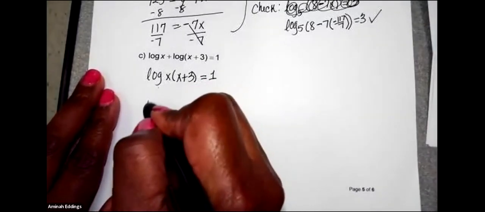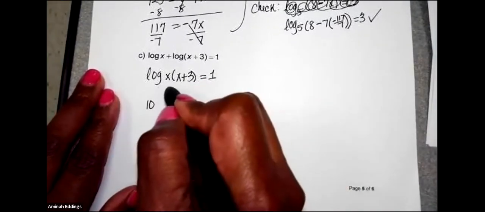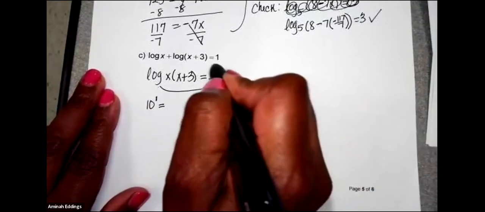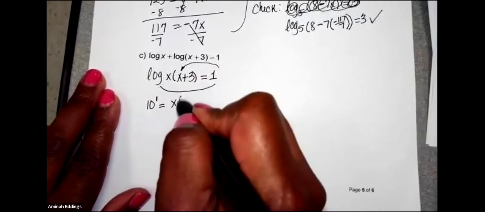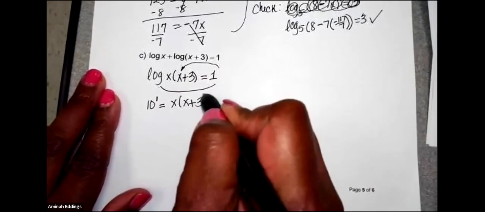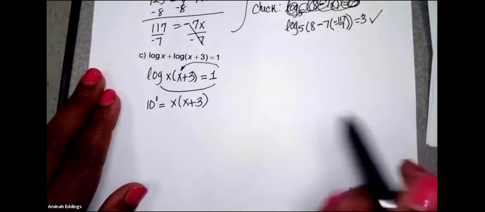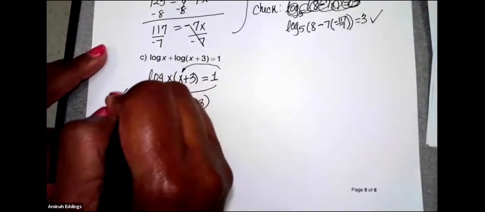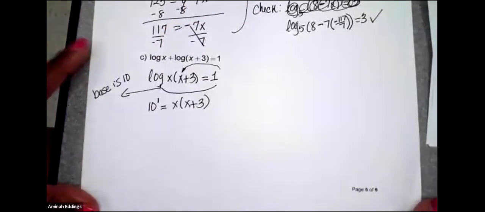So 10 to the first power is equal to x times x plus 3. Again, if there is no base, it is understood to be a base of 10.